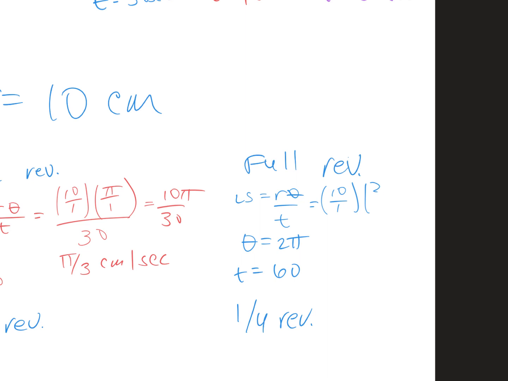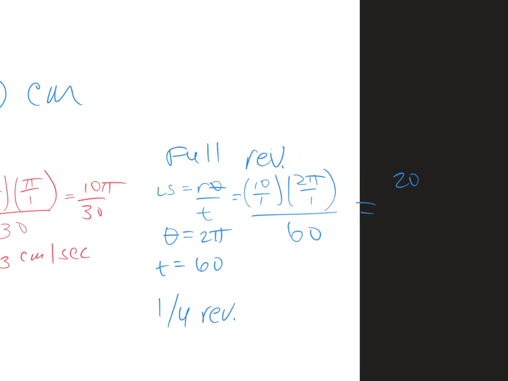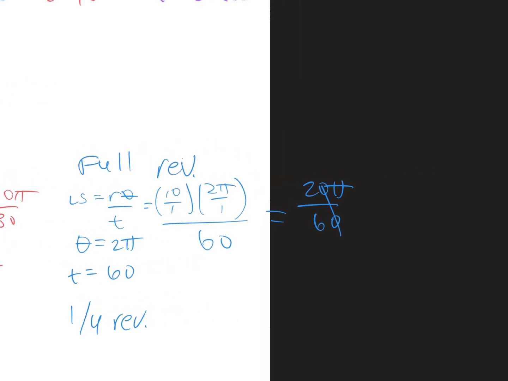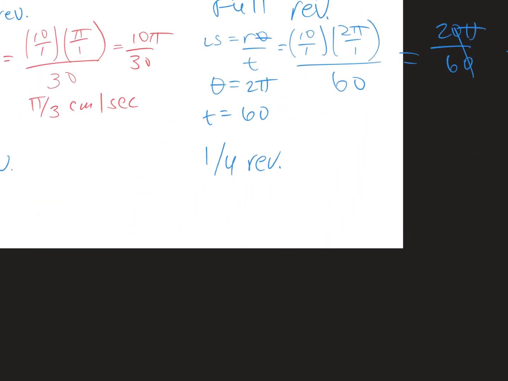So you have 2 pi over 1 divided by 60. Simplify the numerator. What's 10 times 2 pi? 20 pi divided by 60 becomes what? Pi over 3 centimeters per second. You guys see that?